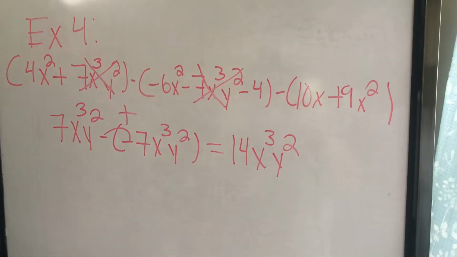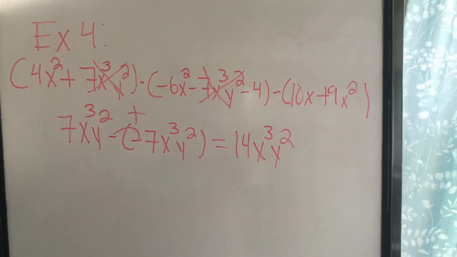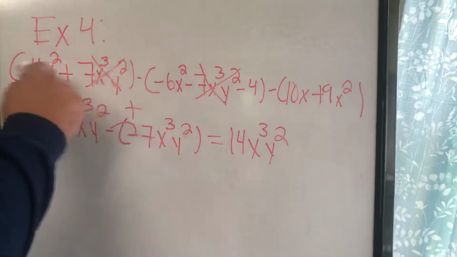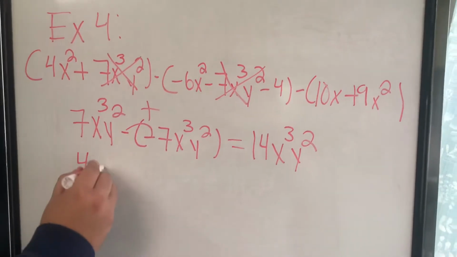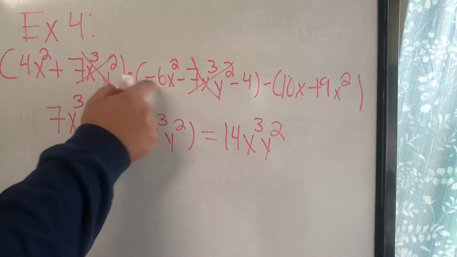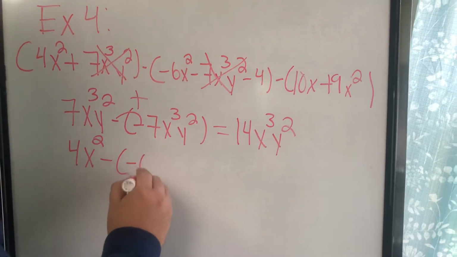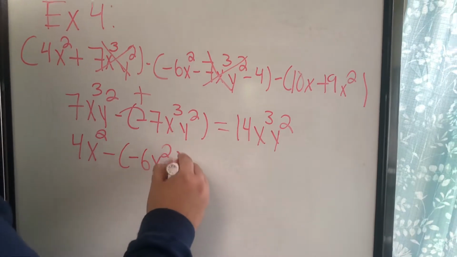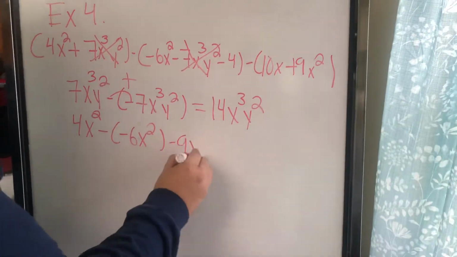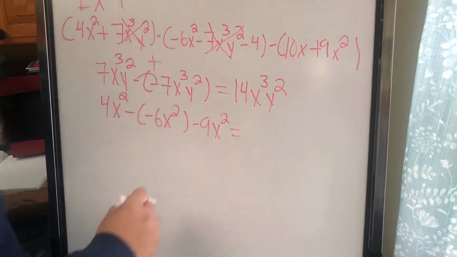Now let's jump into the highest exponents. And we have a total of 3 of them, the x squared. So let's get them together. We have 4x squared minus, right here, negative 6x squared, close it, minus, there's another one right here, 9x squared. So let's combine.